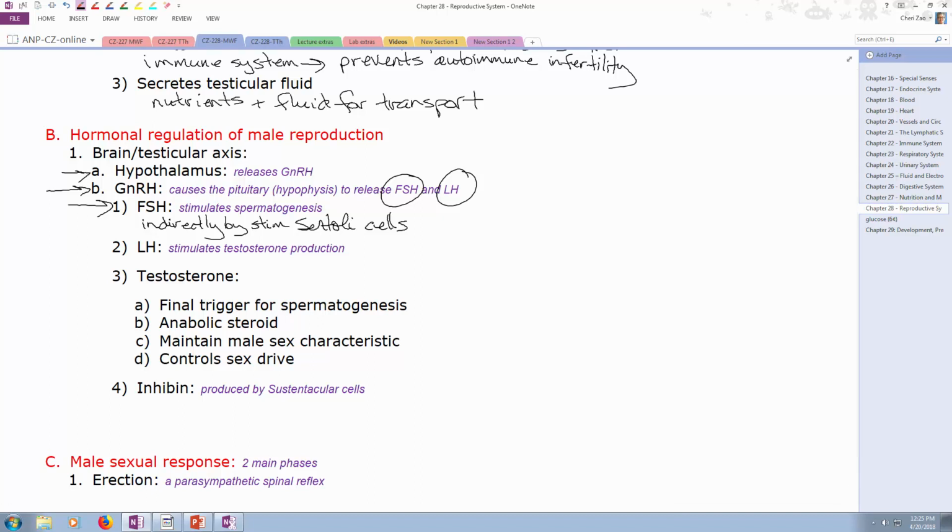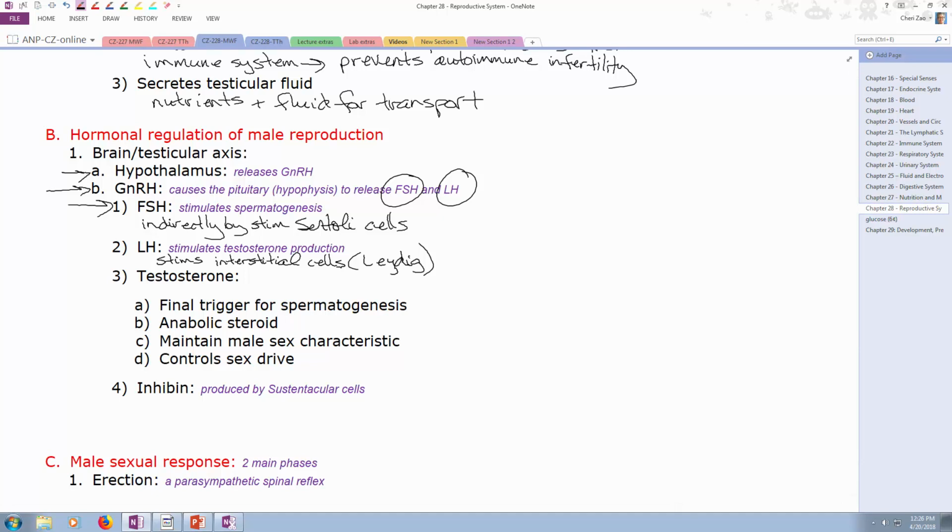LH is going to stimulate testosterone production by stimulating interstitial cells. And you'll find this guy's name associated with this, Leydig. Interstitial cells of Leydig is commonly used, but interstitial cells are also a totally acceptable phrase.